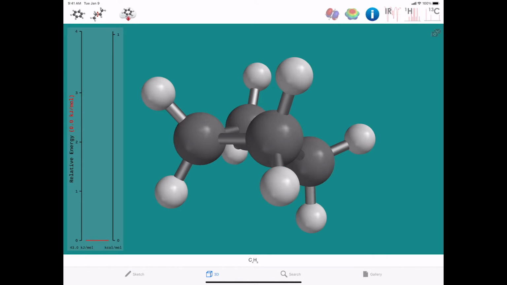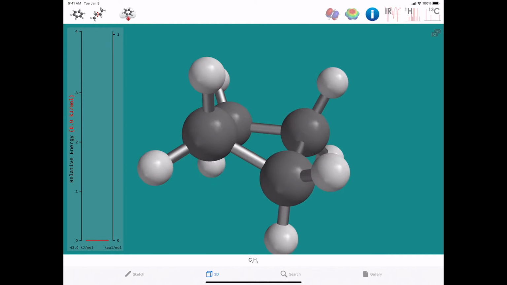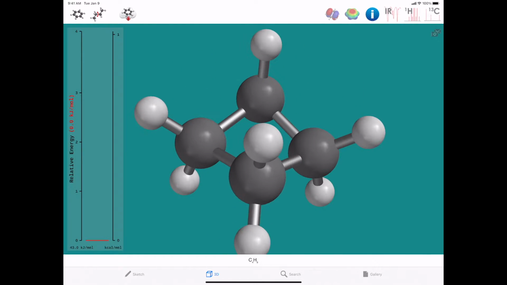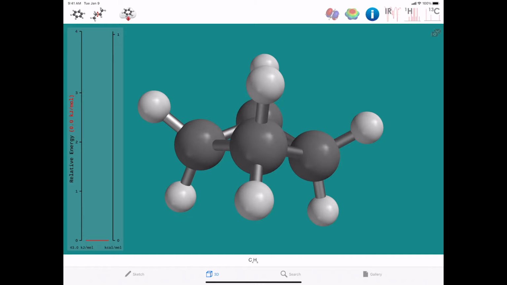But there's no energy difference whatsoever between those two, and it's easy to interconvert between them. And so people don't typically spend a lot of time worrying about cyclobutane rings, just the idea that they're pretty flexible, meaning that you can flip back and forth between various puckered conformations.